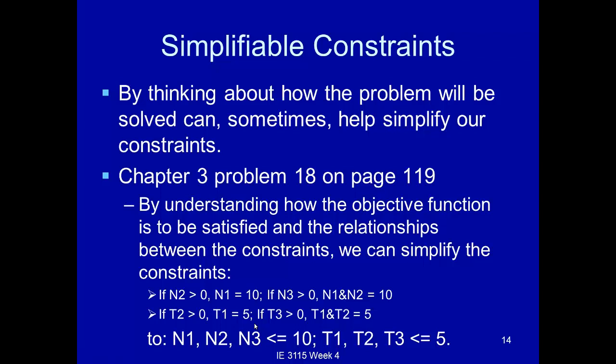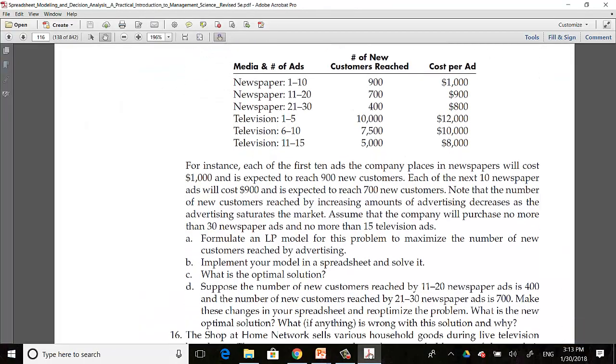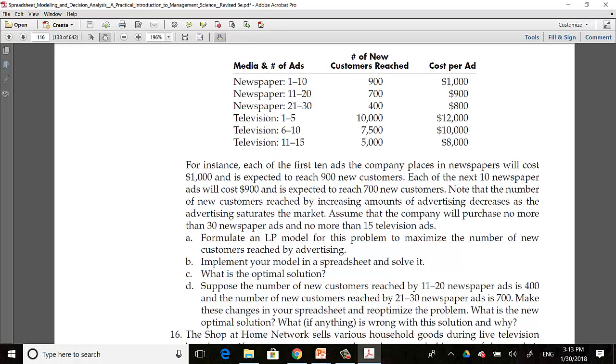So for this problem, number D says, suppose the number of newspaper reaches by the 11th to 20th newspaper ad is 400, and the other is 700. Now they switch. What do you think will happen if we use the original model? Solver will still work, but it will tell you a wrong answer.